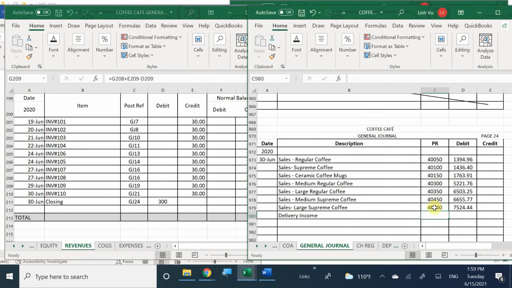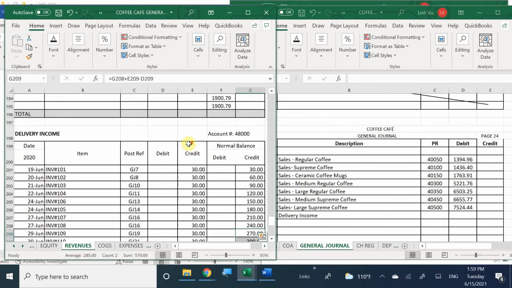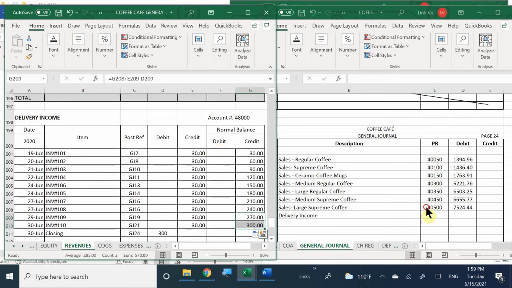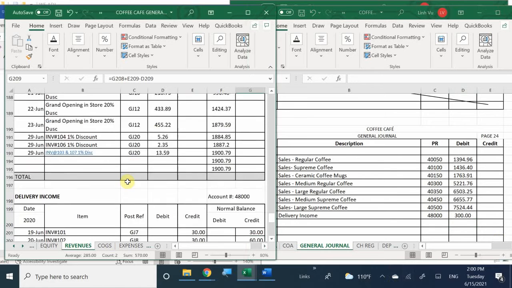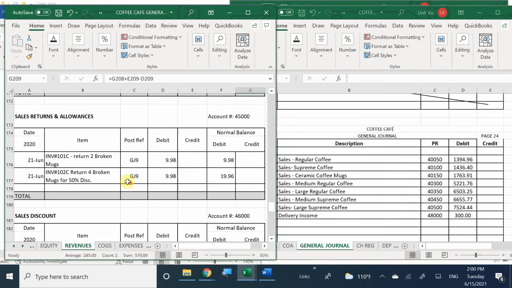So delivery income, which was account, I think that was 48,000. 48,000 for the total of $300. Okay. Now we can go ahead and go back up, right? Because we just skipped two accounts because these are credit accounts.